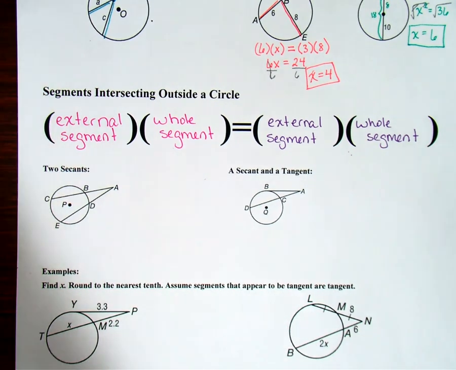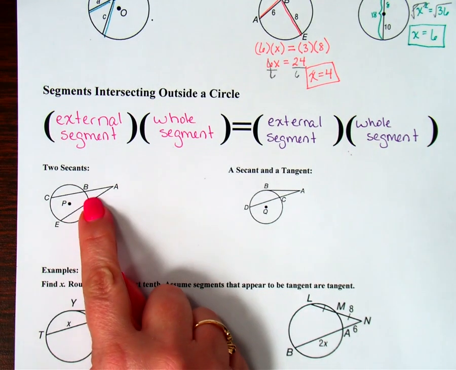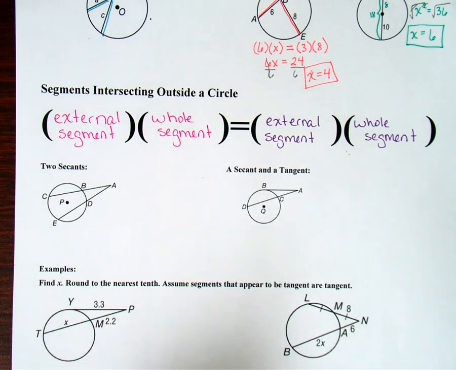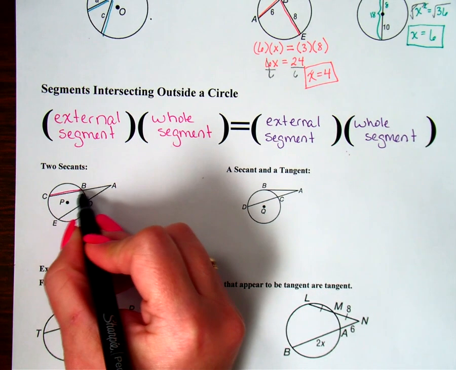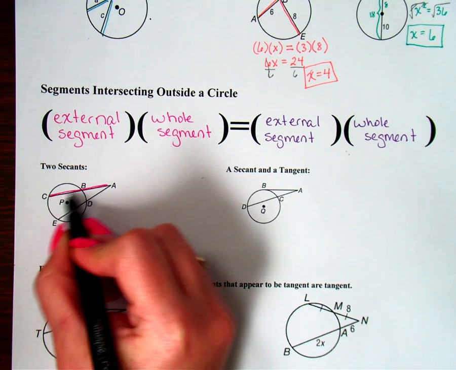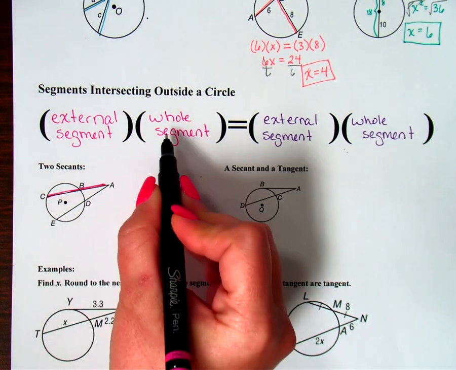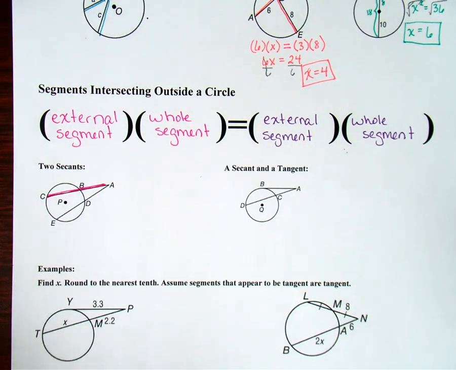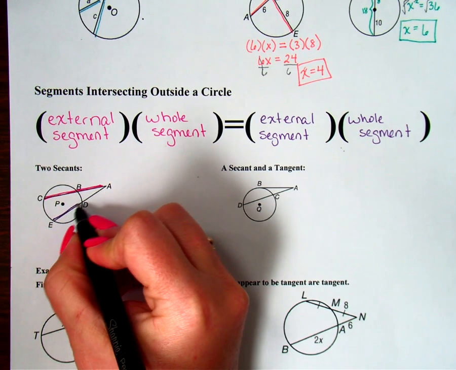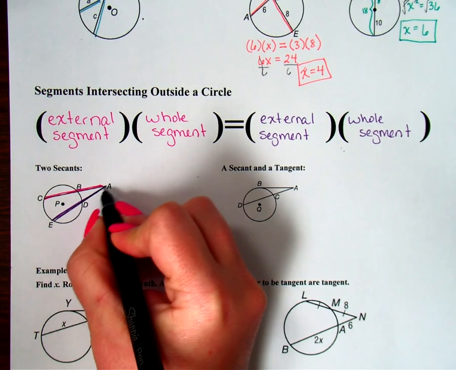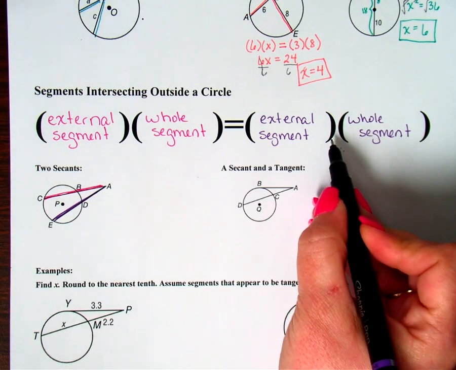When we look at this picture here, this is two secants, and one secant I'm going to highlight in pink, which is going to go with the pink side of my equation, and the other segment I'm going to mark in the dark purple, which is this other piece over here.